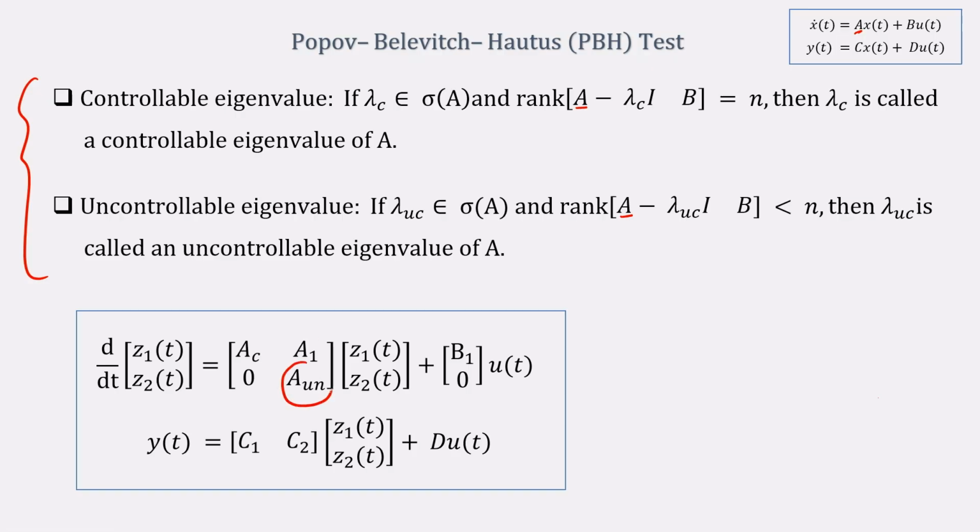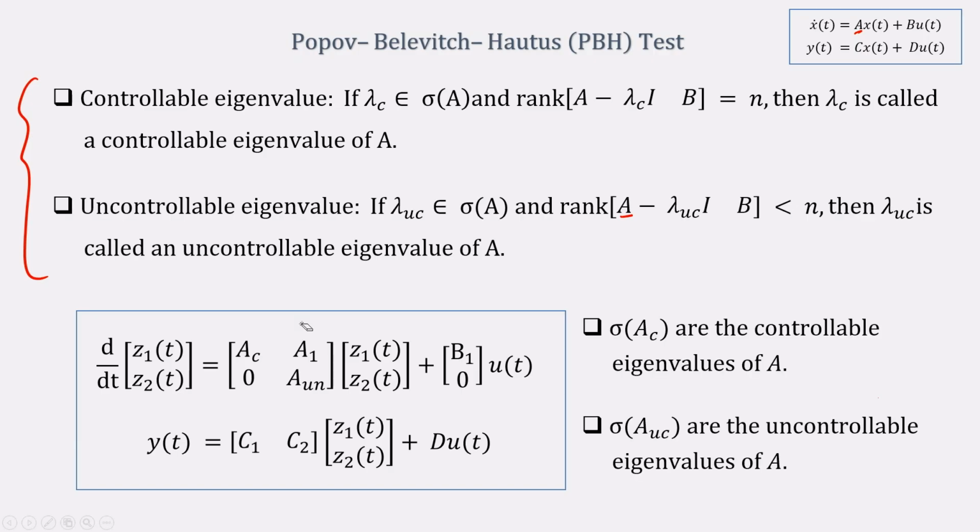The eigenvalues of this part will be uncontrollable; if you check the rank of this matrix, it will always come out to be less than n, and the eigenvalues of this part will come out to be controllable. So, sigma(A_c), the eigenvalues of A_c, are the controllable eigenvalues of A, and the eigenvalues of A_uc or A_un are the uncontrollable eigenvalues of A.